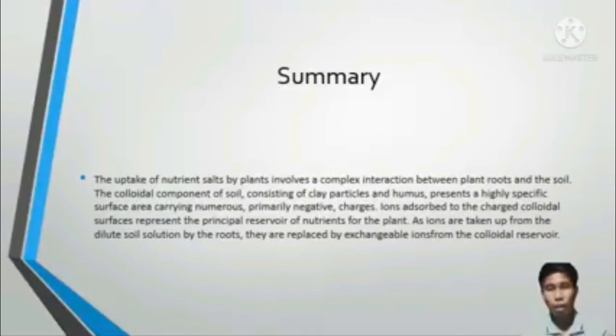Ions adsorbed to the charged colloidal surfaces represent the principal reservoir of nutrients for the plant. As ions are taken up from the soil solution by the roots, they are replaced by exchangeable ions from the colloidal reservoir. So this is the topic, soil. Thank you.